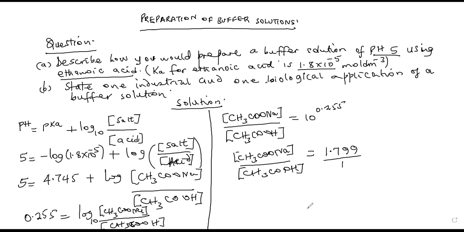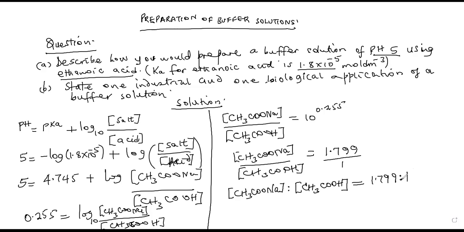It means that the mole ratio of sodium ethanoate to ethanoic acid is equal to 1.799 to 1.